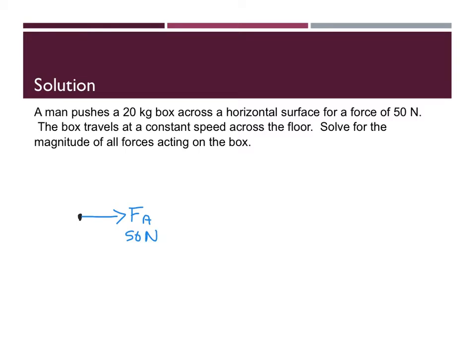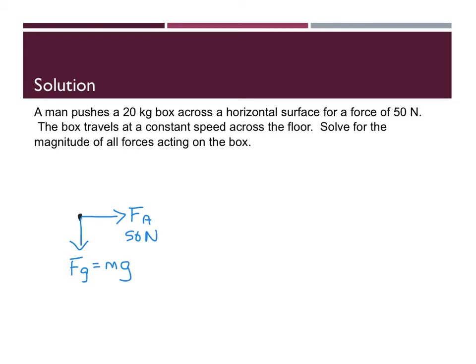Now, the other forces acting on the object are gravity, and the force of gravity, known as the weight, we can calculate by using the equation mass times the acceleration due to gravity. We discussed this in our types of forces note if you haven't watched that yet.